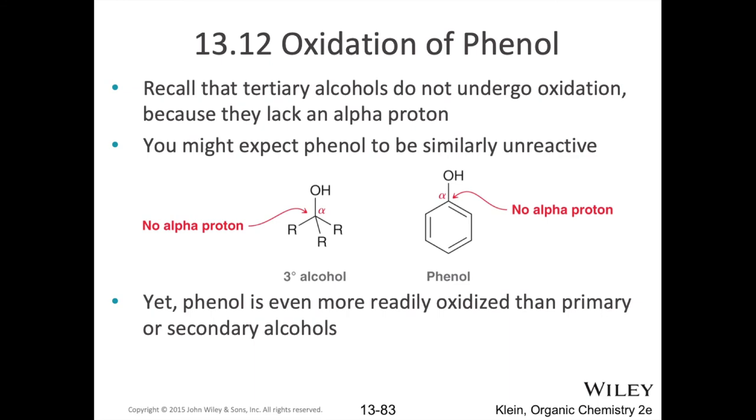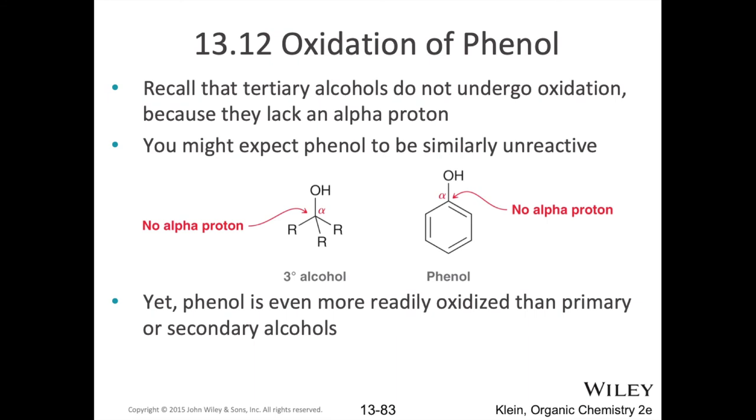All right. Now, while we looked at the oxidation of primary and secondary alcohols, note that tertiary alcohols do not oxidize because they don't have an alpha proton. For that same reason, you'd expect a phenol to also be unreactive, right?